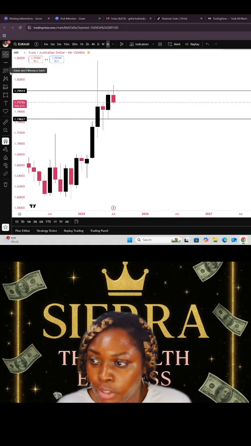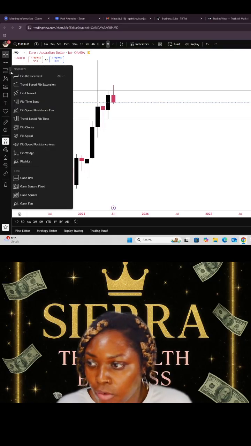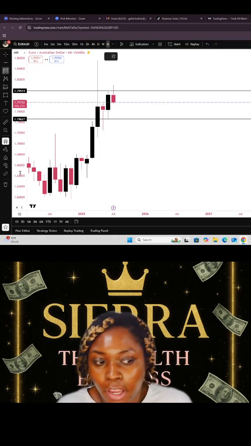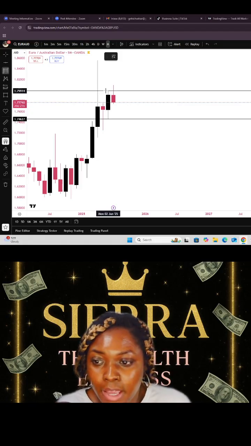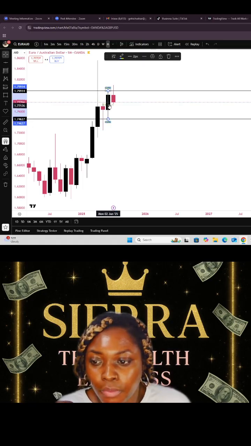You'll see fib retracement. Click that arrow and come down to Gann box, and you can use your Gann box. So you can do this with your Gann box or your rectangle tool. You'll go from the high of the candle to the low of the candle. All right. Pull it out so you can see it.